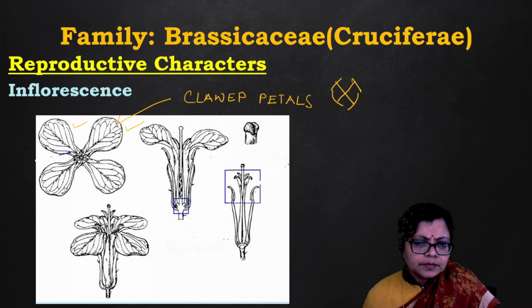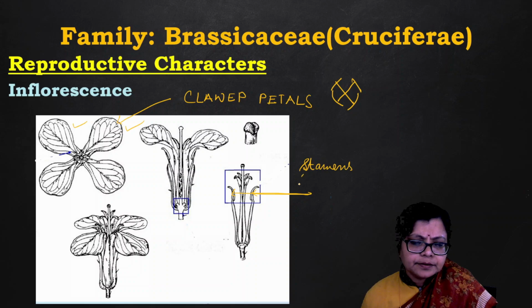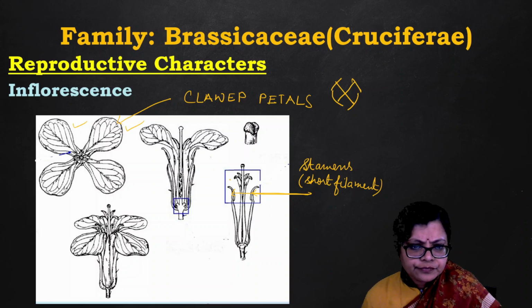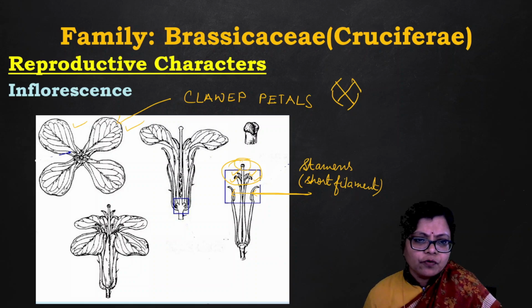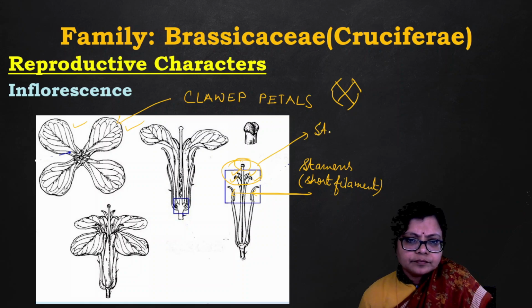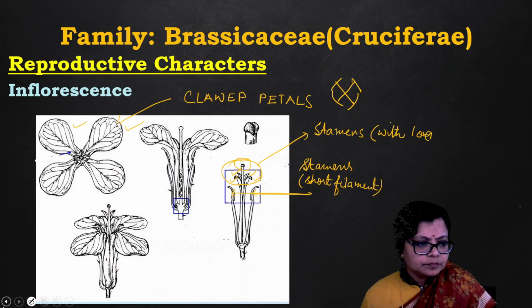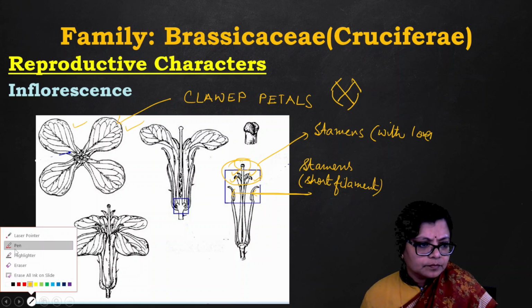Now the stamens, these two stamens are with short filament, present in the outer whorl, and these 4, 1, 2, 3, 4, these 4, not this one, this is stigma, these 4 are the stamens with long filament.